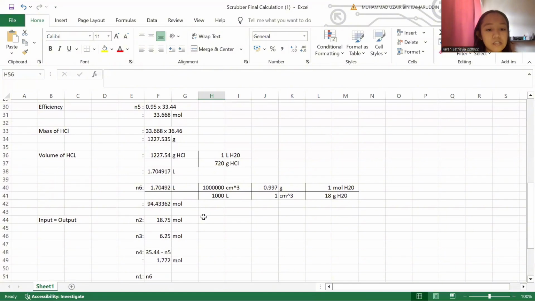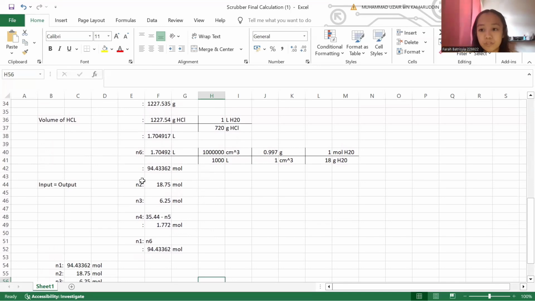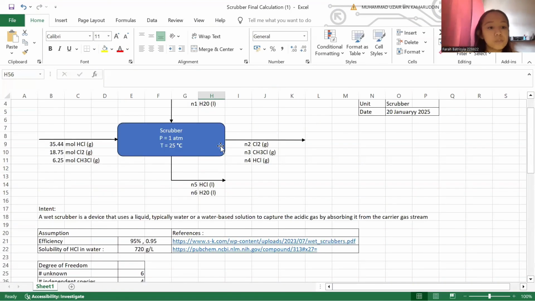Next, we can just use material balance, which is input equals output. N2, which is Cl2, equals 18.75, and N3, which is CH3Cl, equals 6.25.